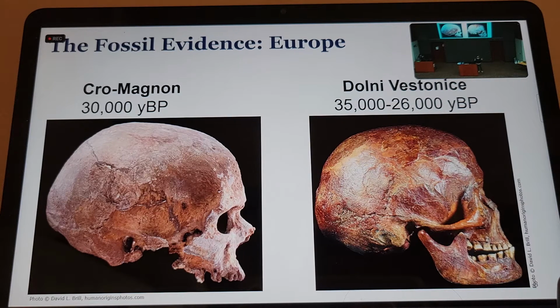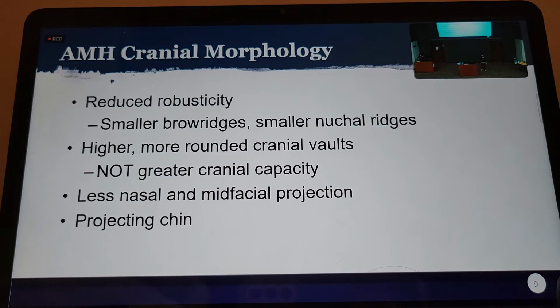So what we get is by 165,000 years ago, or probably even earlier, we have anatomically modern humans morphologically. They look like anatomically modern humans like you or I. Right? They have reduced robusticity relative to the archaics.